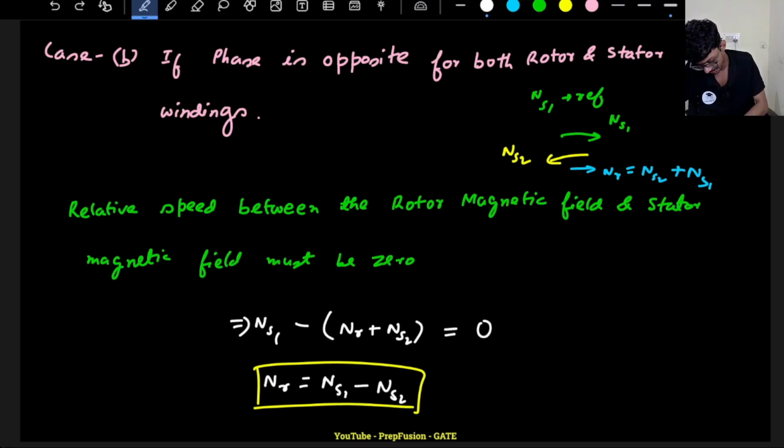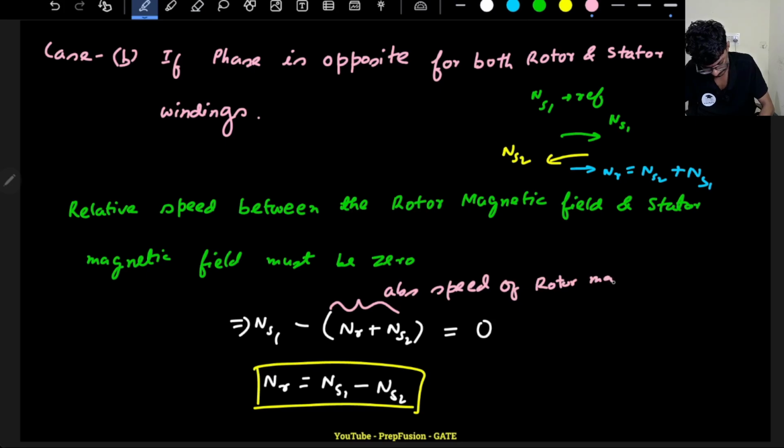Here, I have to write the absolute speed of the rotor magnetic field in the same direction as ns1.